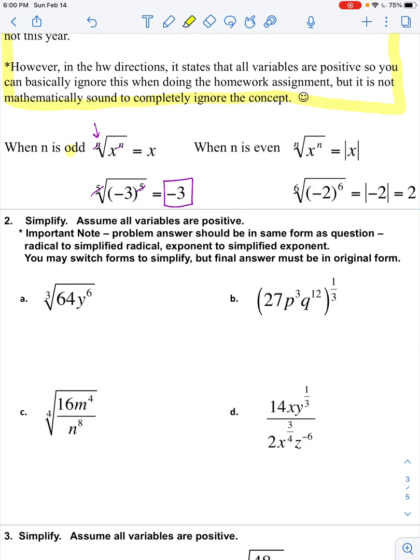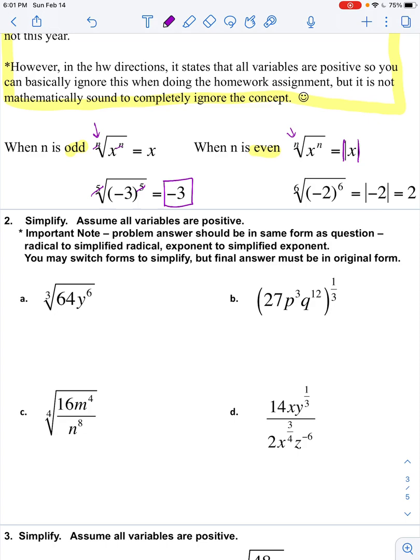However, when you're dealing with evens, you have to keep in mind that you can't take the even index of a negative value. So this is simply saying give the positive answer. That's why the absolute value signs are there.